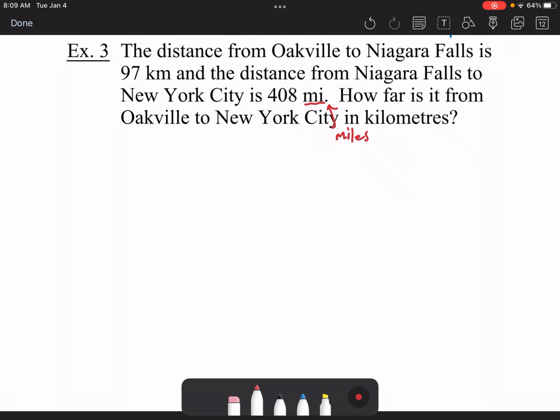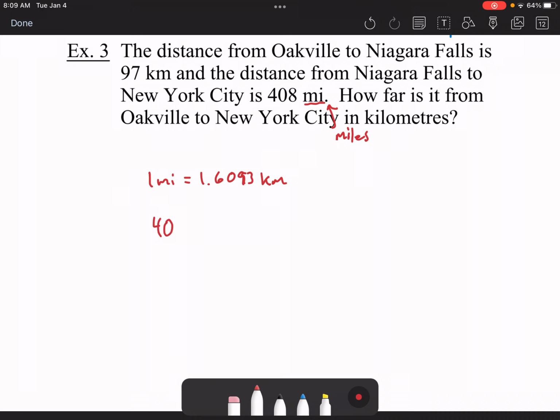I'm going to use the measurement change 1 mile equals 1.6093 kilometers. You could also use the 1 kilometer equals 0.6214 miles, but I'm going to find this a little bit easier to multiply, personally. Doesn't actually make a difference. It should calculate to be the same thing.